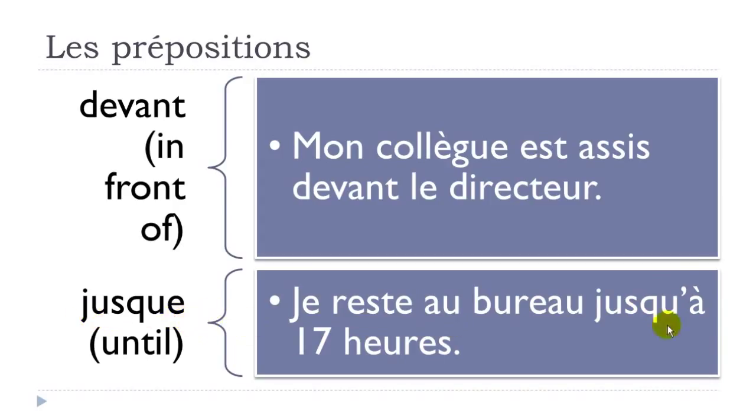But then if you look carefully after that, we've got this à, okay, another preposition. And then you remember the rule when we've got vowel and vowel. Normally what happens is that this final e will go away and then we'll put an apostrophe. So that's the reason why we get this jusqu'à. Okay, and then phonetically, jusqu'à. Okay, je reste au bureau jusqu'à 17 heures.